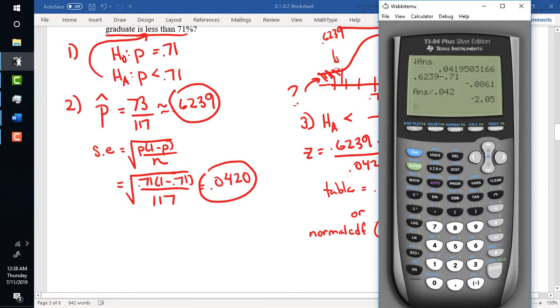So I'm going to put this in. Second vars, normal CDF. So negative 1 E99, and upper is 0.6239. Be very careful. Your mu is actually going to be your P this time. This is going to be 0.71. And then my sigma is my standard error.